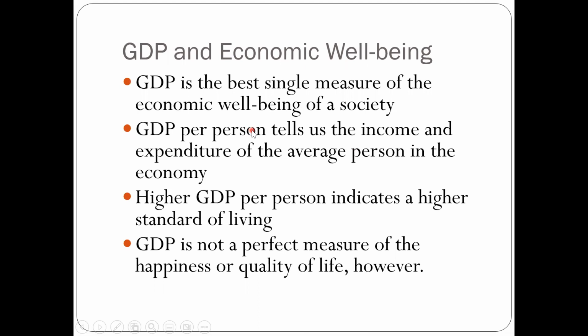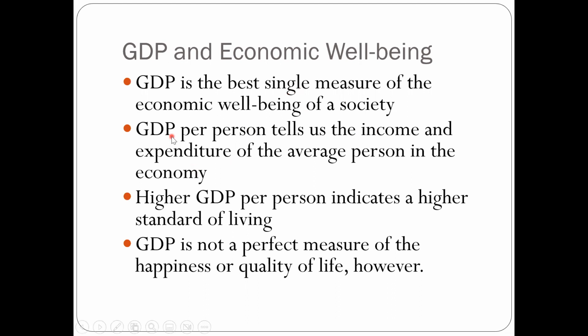GDP is the main economic measurement. When we take the gross domestic product, it's the best single measure of the economic well-being of a society, because GDP per person tells us the income and expenditure of the average person in the economy.